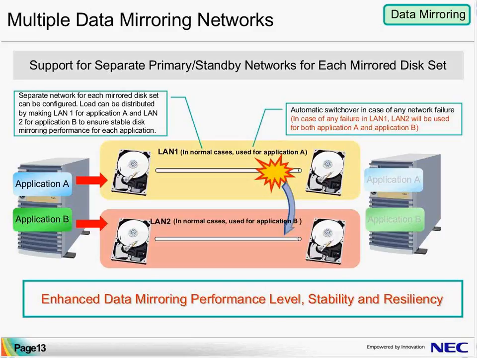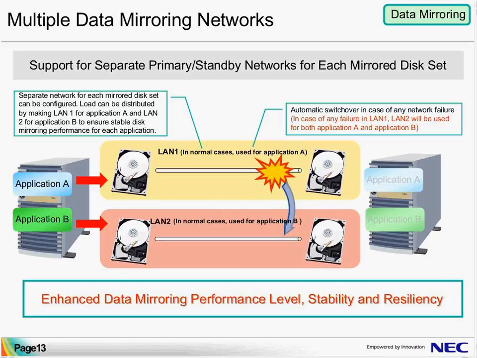With the new release, ExpressCluster can now support a dedicated network for each data disk that needs to be mirrored, and this can be up to 8 sets within a single system. That means ExpressCluster can effectively achieve 8 times higher aggregate data network capacity for data mirroring purposes.